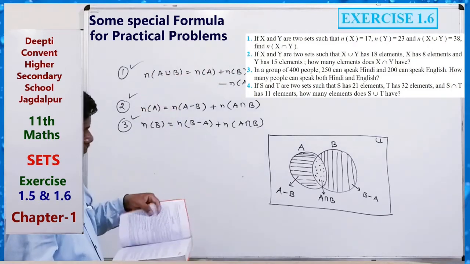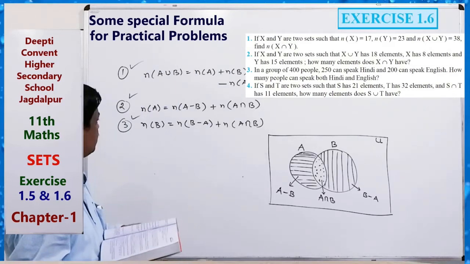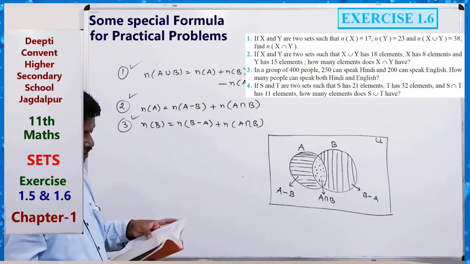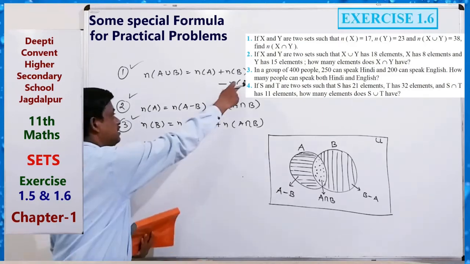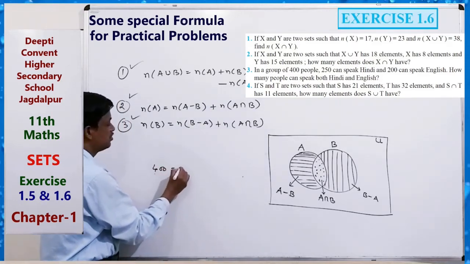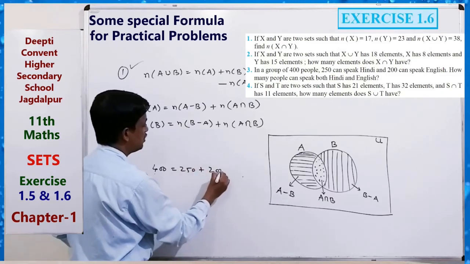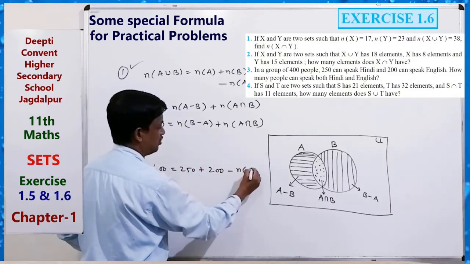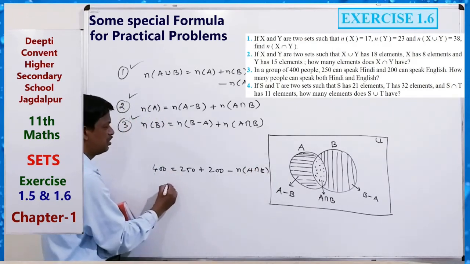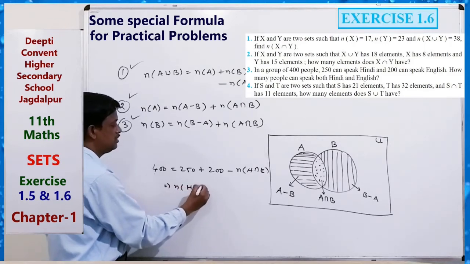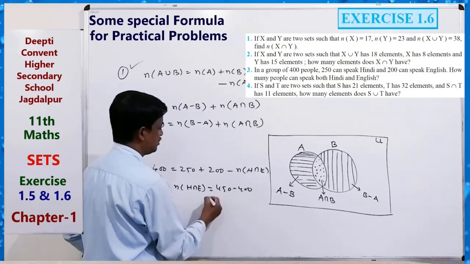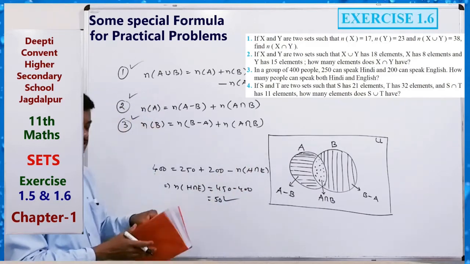Here 400 equals 250 plus 200 minus both Hindi and English. You can get the result by that formula. n(H intersection E) equals 450 minus 400, which is 50. 50 is the answer. Simple.